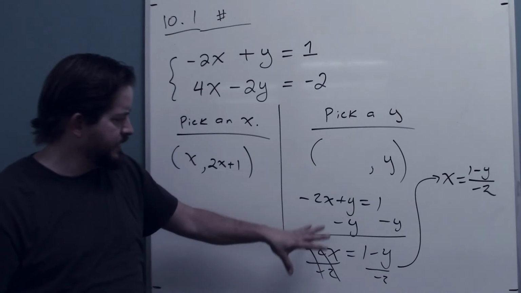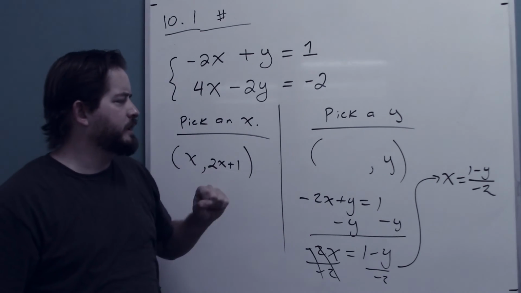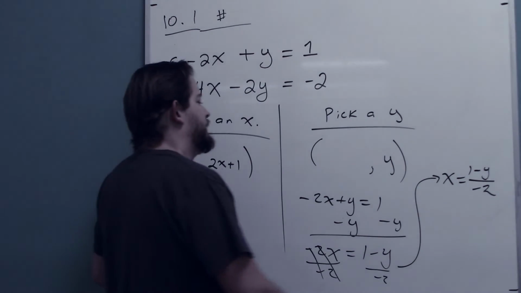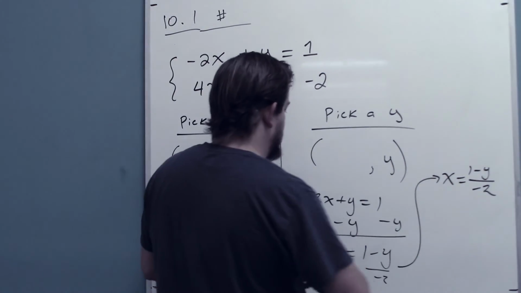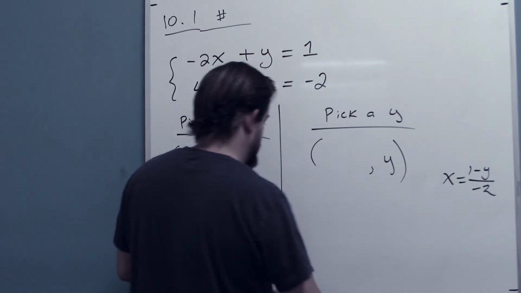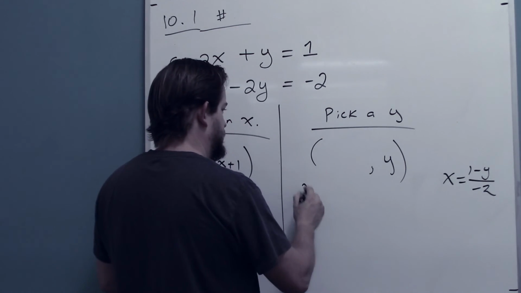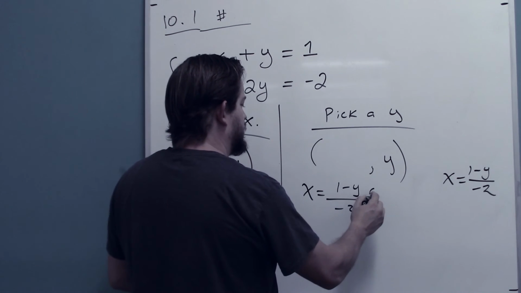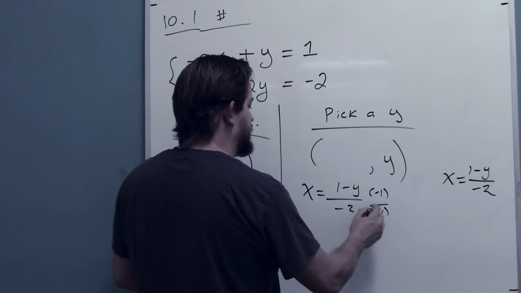I'm going to clean up this section just a little bit so that I can start over here because I'm not quite done, right? What I want to do is get this negative out of the denominator.